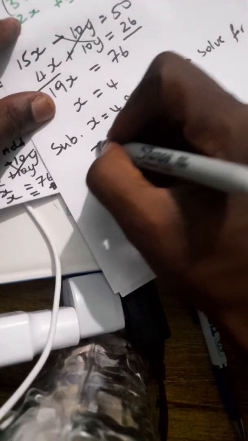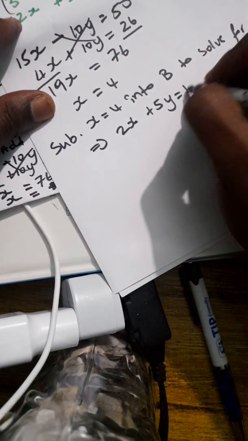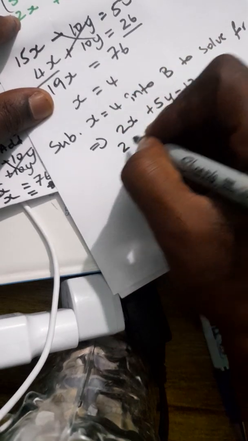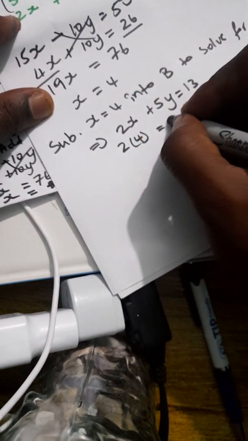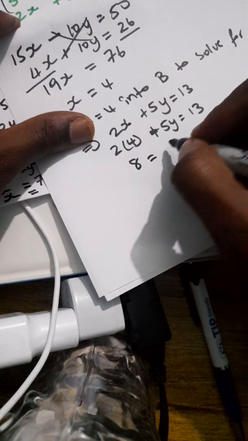So let us write back the equation now: 2x plus 5y equals 13. And what did we get for x? 4. So 8 plus 5y equals 13. It's supposed to be plus.